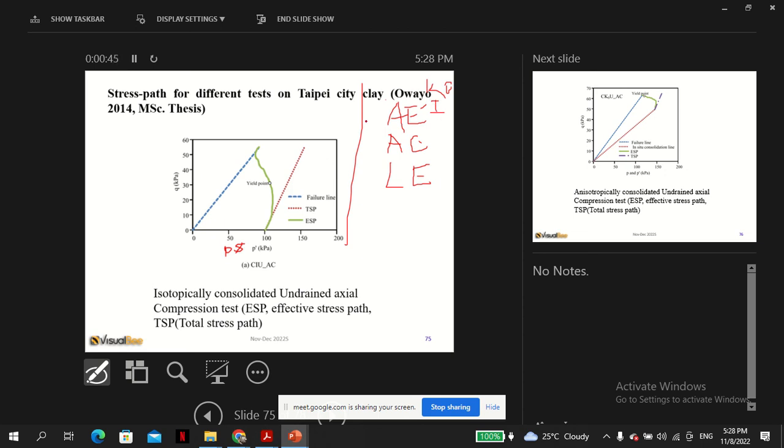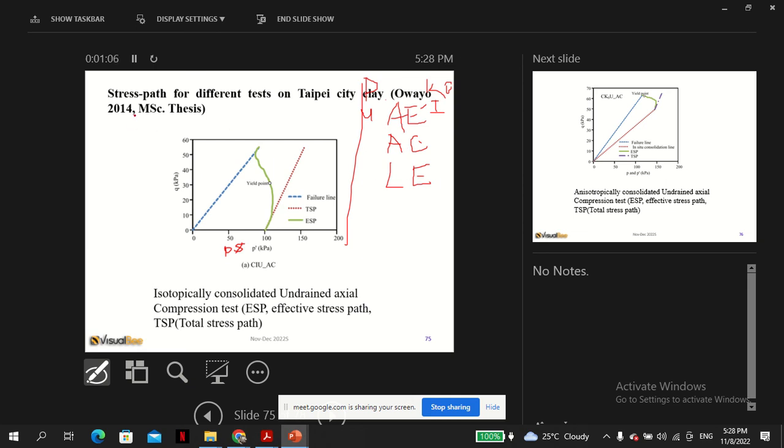Again, each of these can be done in either a drained or undrained condition. So each of these, axial extension for example, can result in 4 different tests. If you multiply, you can have 12 different tests.